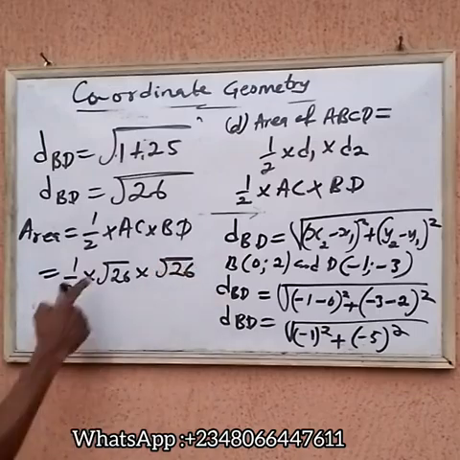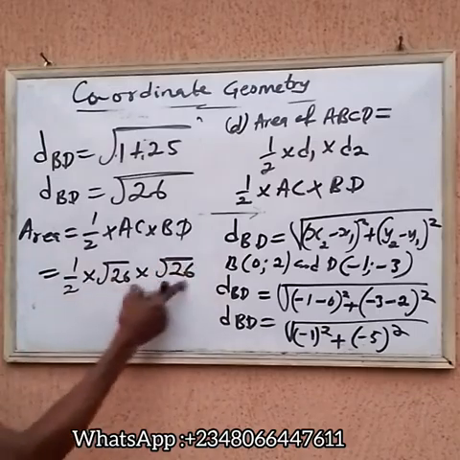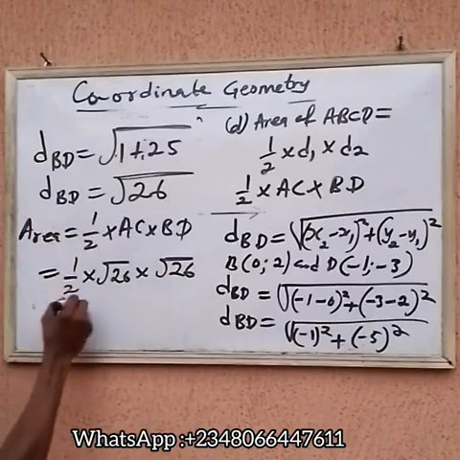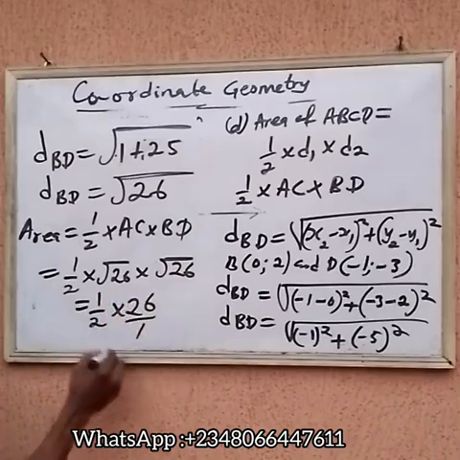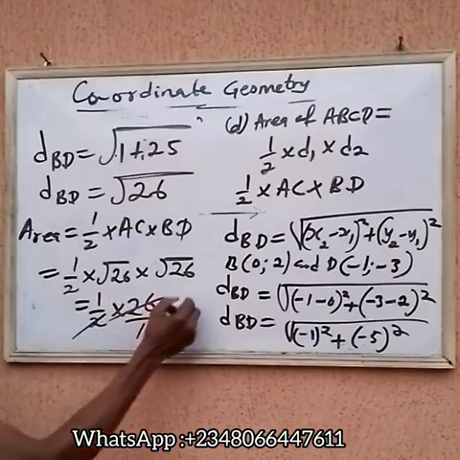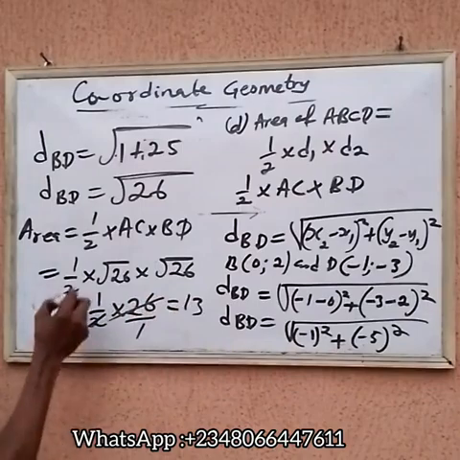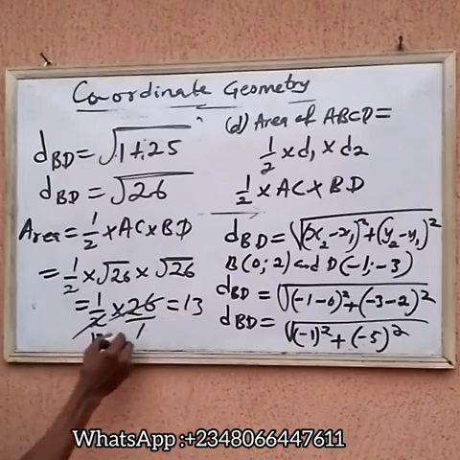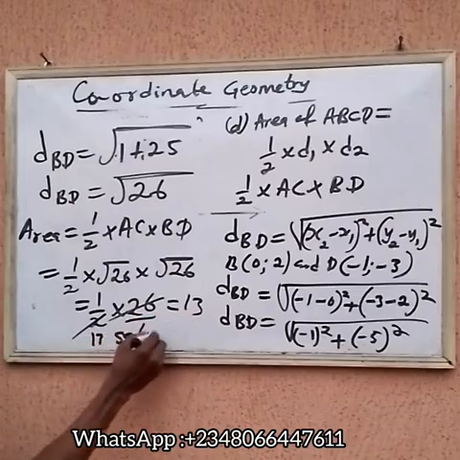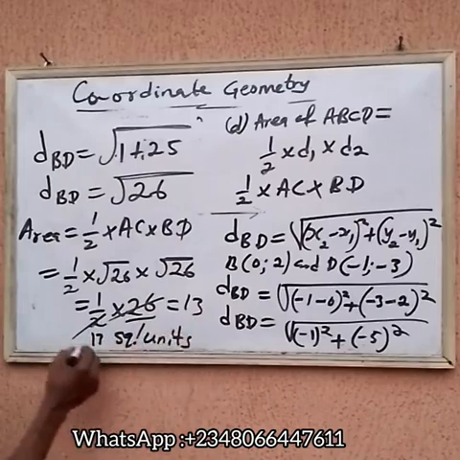When the root of the same number multiplies itself, it gives us that number. So it gives us 1 over 2 times 26 over 1. So this will cancel, giving us 13. So area is equal to 13 square units. This is the answer to this question.